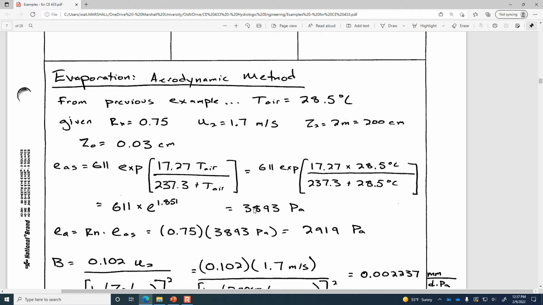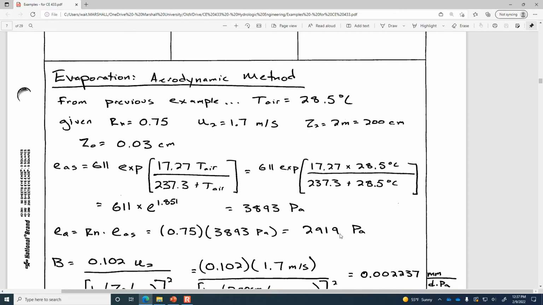So just a small amount of the overall saturation, the overall pressure of the atmosphere, is attributable to gaseous water. Now, since the relative humidity in this example is 75%, that tells us that the ambient pressure is 2919.